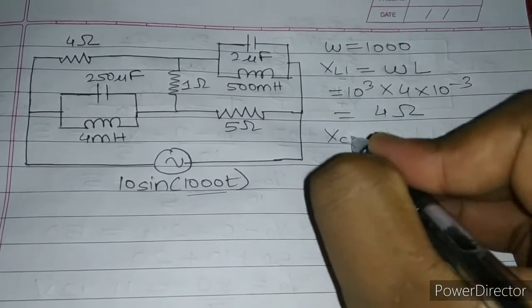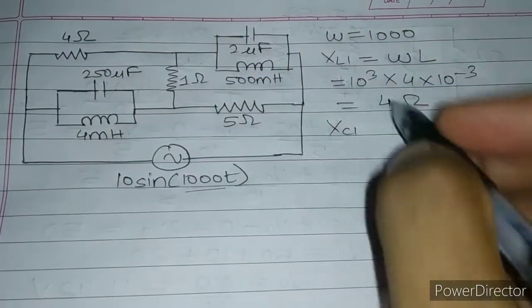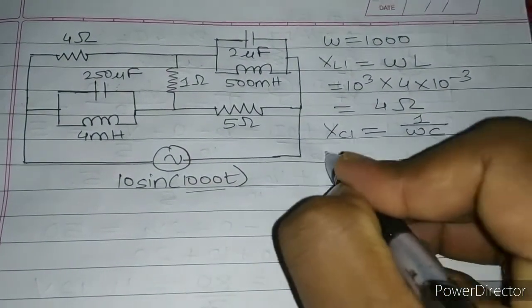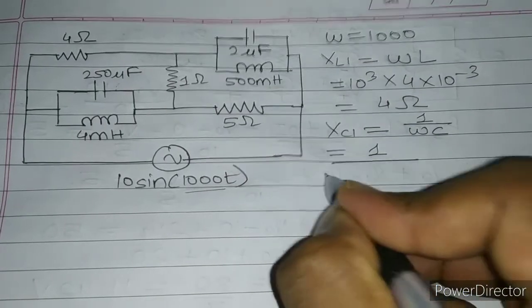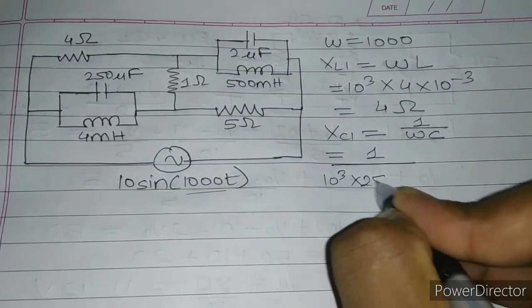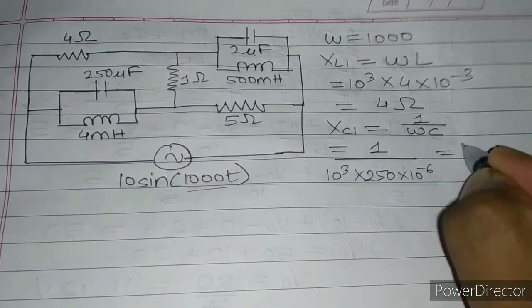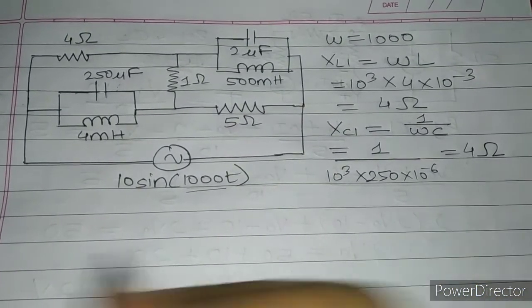Now, XC1 is equal to 1 upon omega C, and C1 is 250 microfarad capacitor, is equal to 1 upon 10 raised to 3 into 250 into 10 raised to minus 6, which is equal to 4 ohms again.